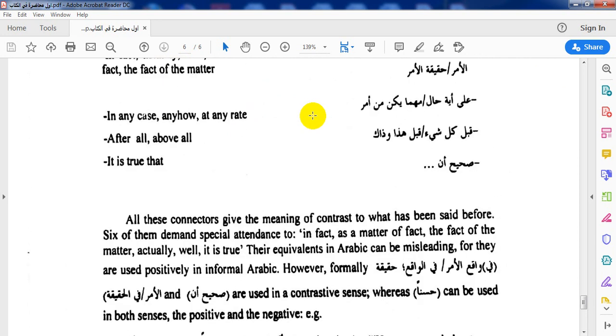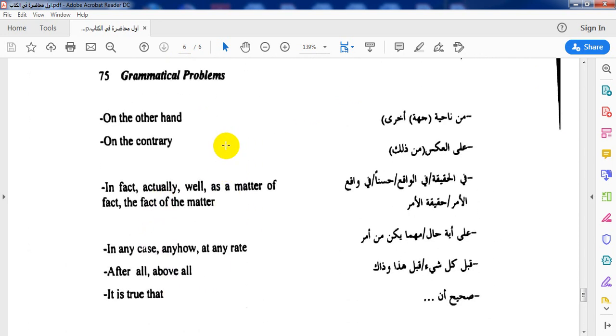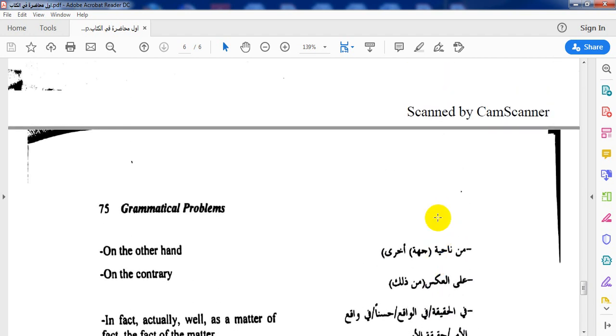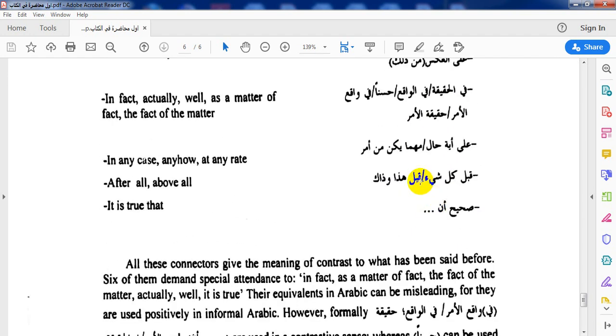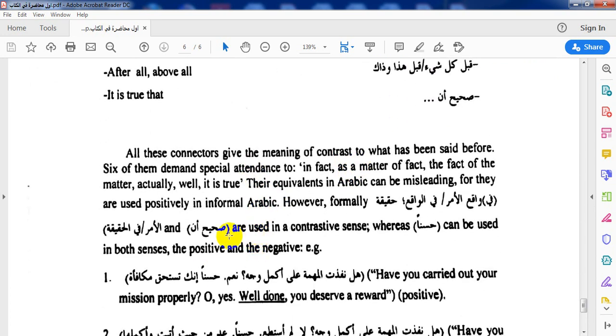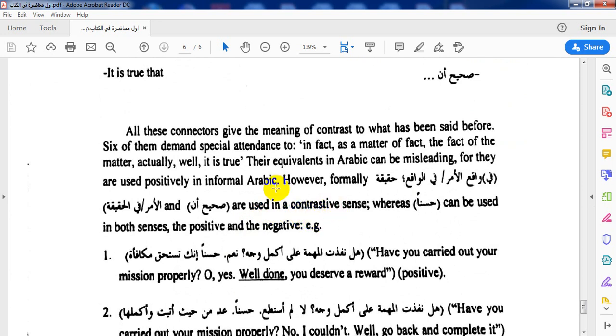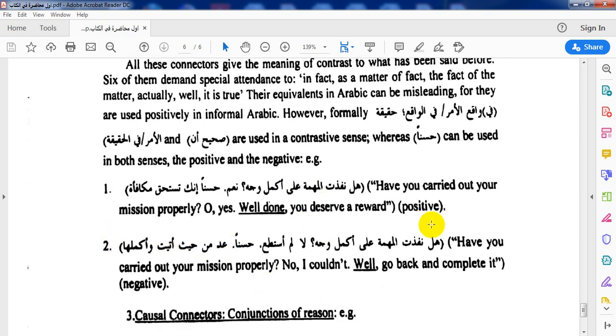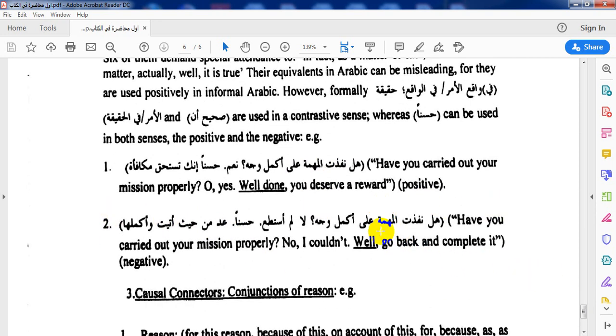You have to know their meanings and how they are used. Sometimes the meaning is positive and you translate it into a negative, so you are committing a mistake in translation. So you have to be careful in those special uses for some connectors.